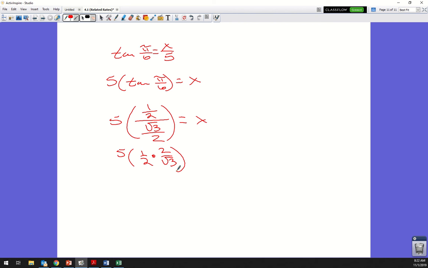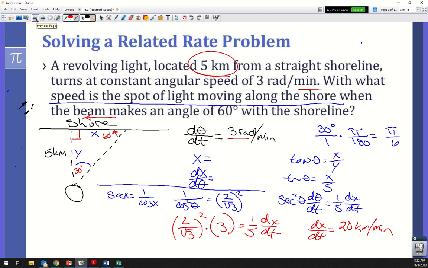Okay, so I'm multiplying by reciprocal, 2's will cancel, so I'm left with 5 over rad 3. Rationalize is going to give me 5 rad 3 over 3. So when I do this right here, that is going to be my value for x. But if you recall, I actually don't need x on this one. If I had x, it'd be fine. Okay? But still, it wasn't necessary in the end result. So 20 kilometers per minute, that's how it's going to travel.